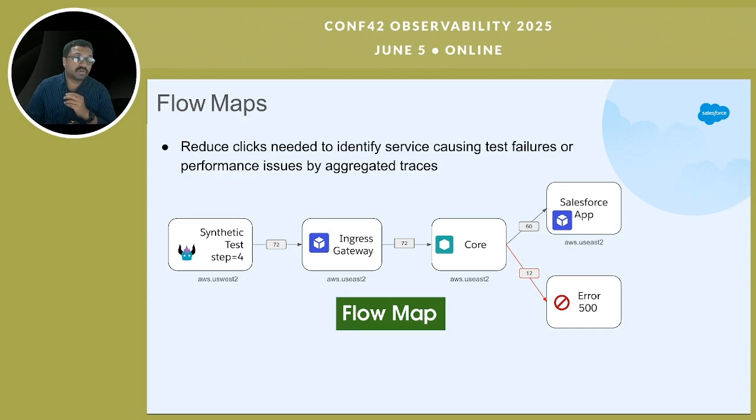For example, you had 72 runs of a particular test, out of which, as they were going across different services, it started failing when the core was calling the Salesforce app. 12 of them failed, right? Remember, all these traces are already sampled, so you're already collecting them. You're not dropping anything. So you can enable a view like this to get a nice quick view of how the flow of the request is happening and where exactly an issue might lie.